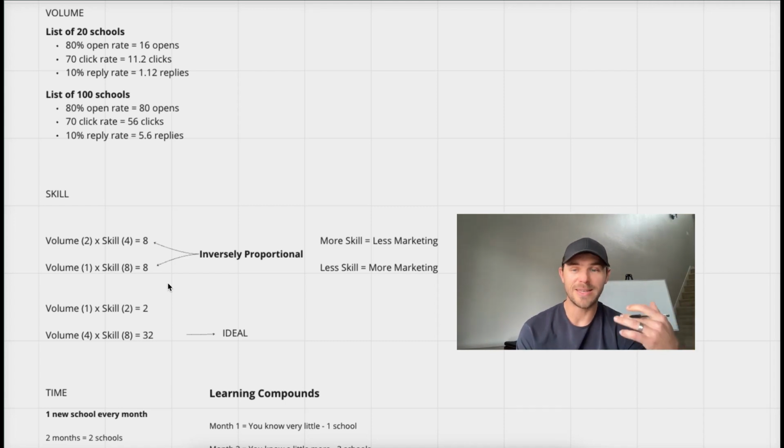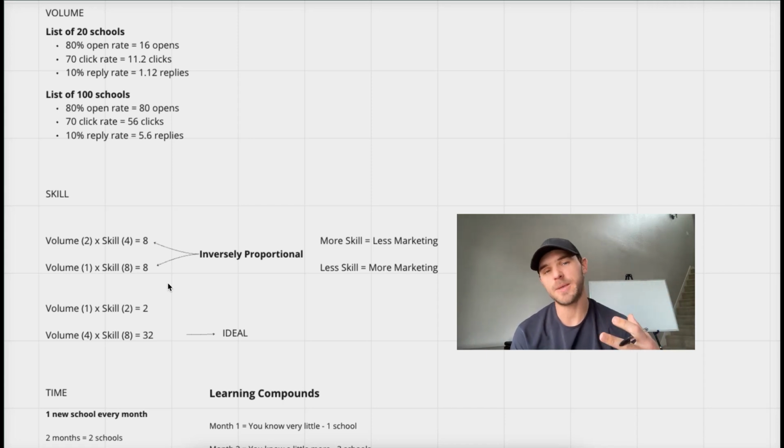Now look at the next one, right? Let's say your volume is 4. You are doing 4 times as much as the guy who's only doing 1. And then let's say that your skill is an 8. You are a really good player, right? Much better than most of the other players out there. And so you have both pieces. You have the volume piece and you have the skill piece. This is where you get that output of 32, which is completely outsized.